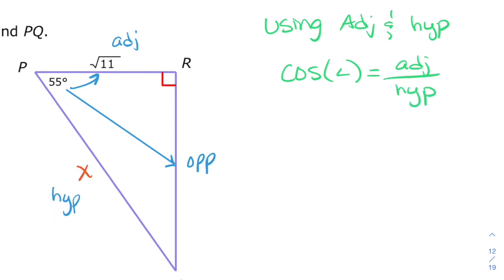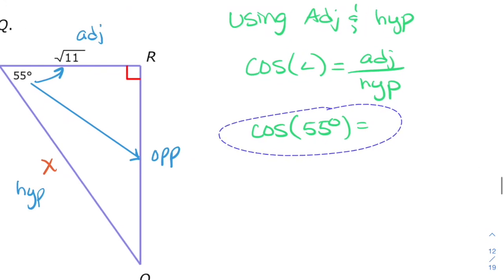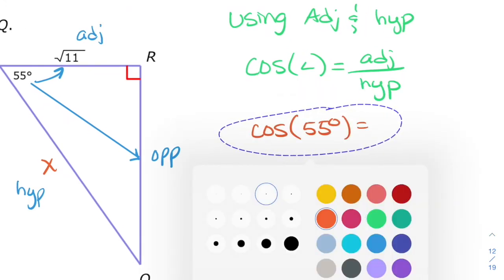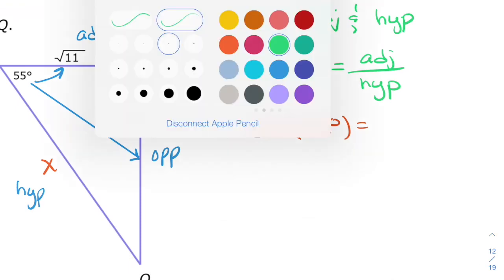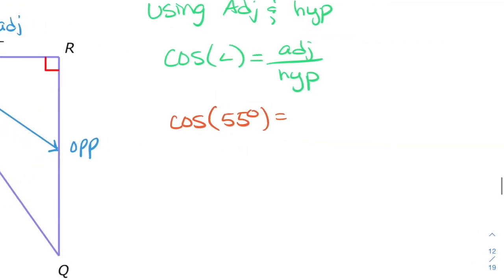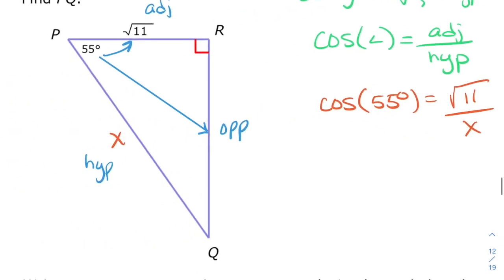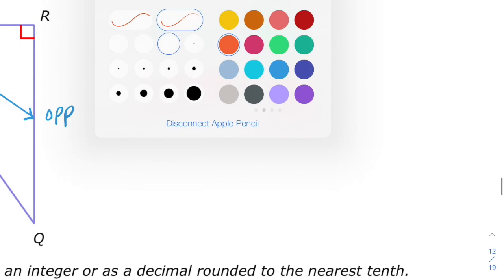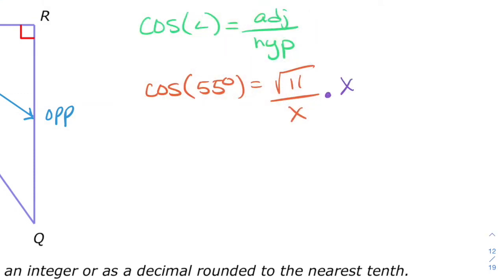So it's going to be cosine of 55 degrees is equal to, okay, let me change that because now I'm actually evaluating it. So the cosine of 55 equals adjacent, square root of 11, over unknown hypotenuse. So now you're going to multiply both sides by x.